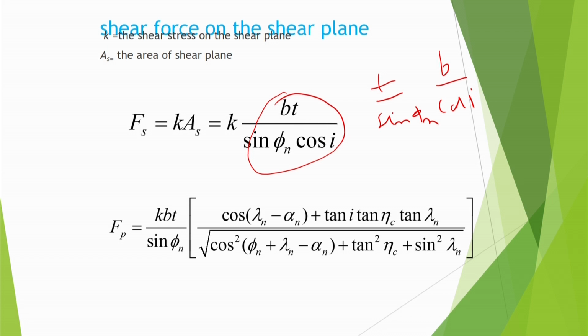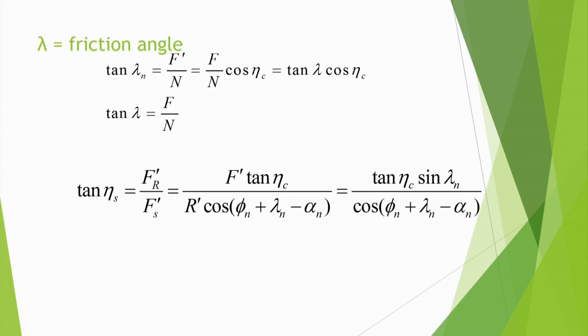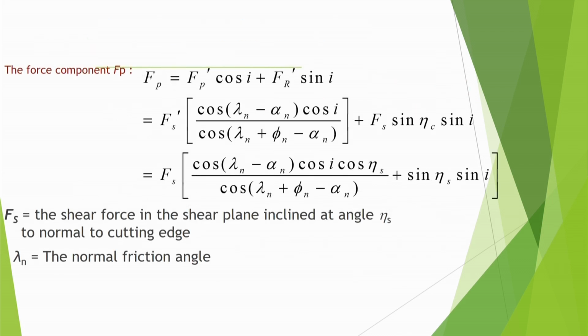And if we put these values from the previous relation, Fs is equal to K B t by sin phi n, and you will get this type of relation here. That means Fp is equal to F by F dash P. This relation is already there.